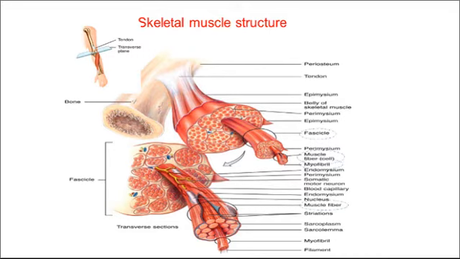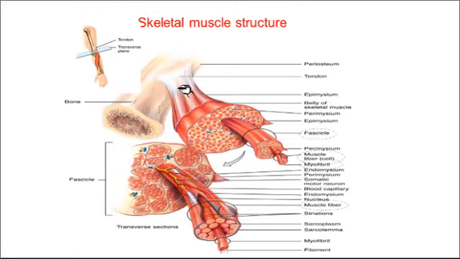So to look again at what we see, that is the perimysium, and that is the periosteum of the bone, and that is the tendon insertion.